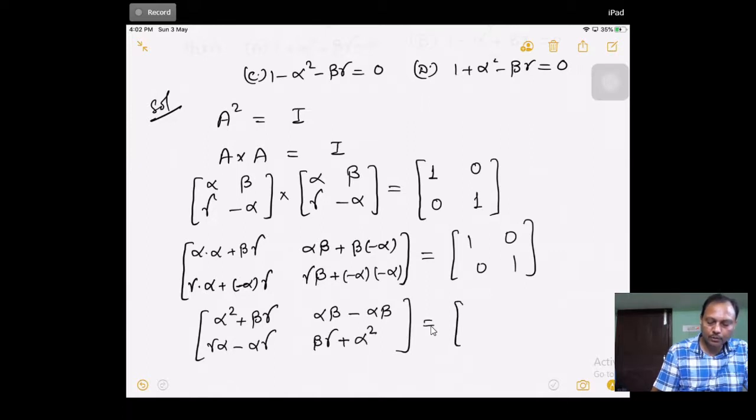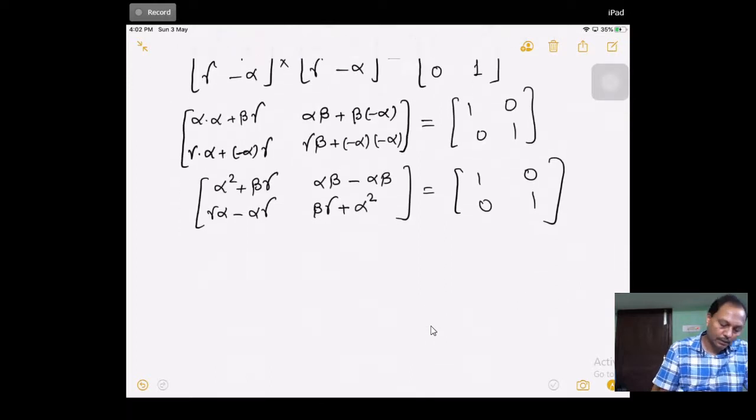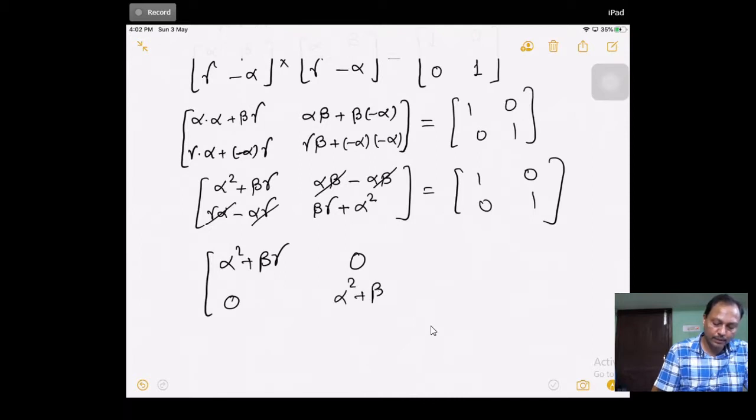It is equal to 1, 0, 0, 1. The next step, we have alpha square plus beta gamma. Here alpha beta minus alpha beta, that is 0. Here gamma alpha minus alpha gamma, it is also 0, and it is alpha square plus beta gamma.